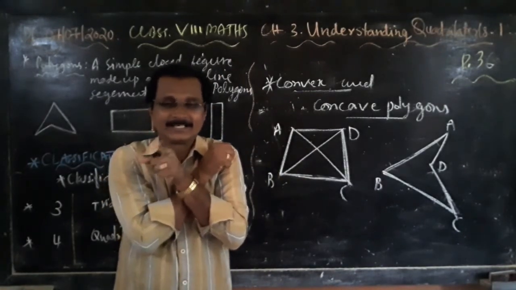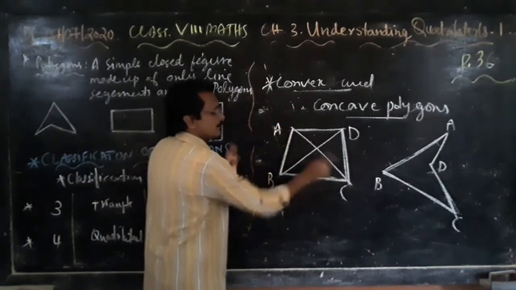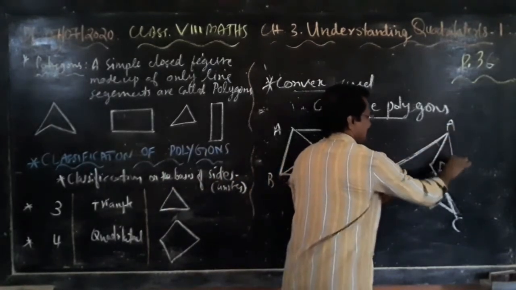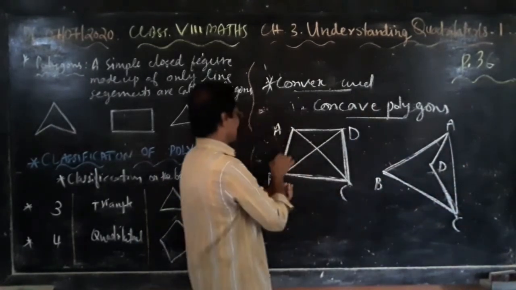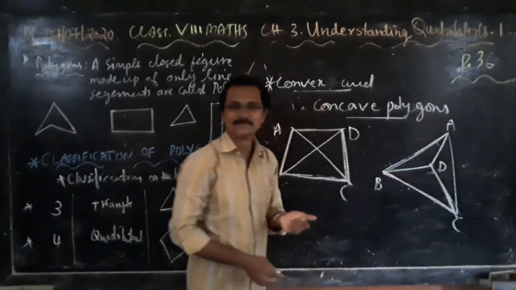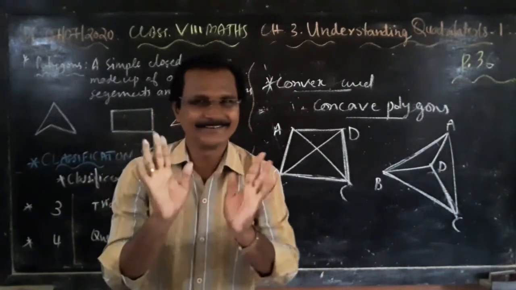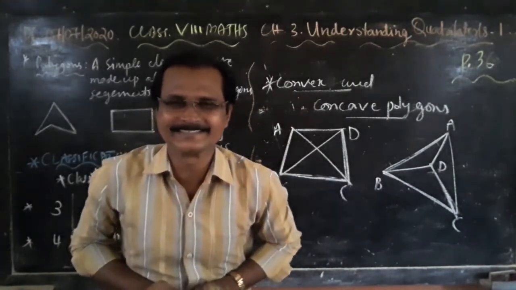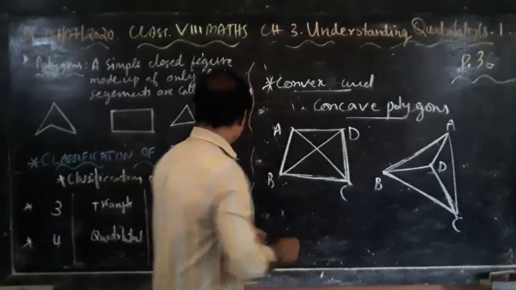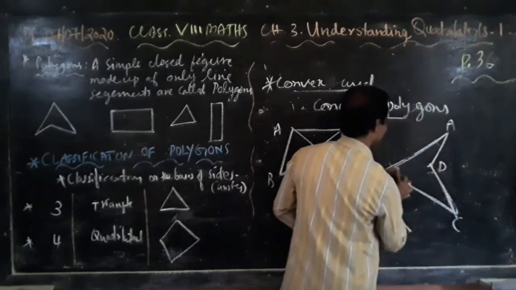Now opposite A and C. Look here. AC diagonal and BD the diagonal. Here the diagonals are not intersecting. Got it? I will show you once again. Listen here. Look here.